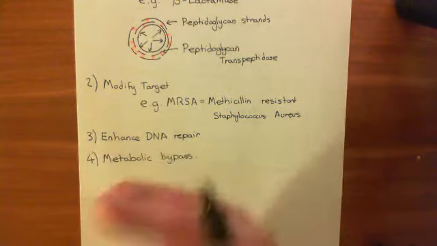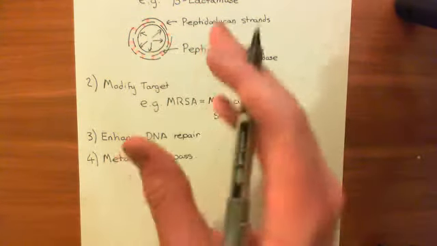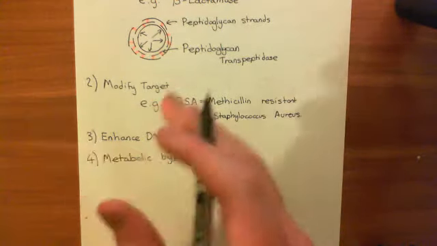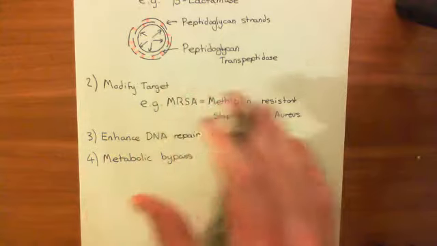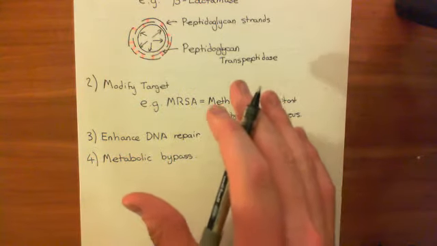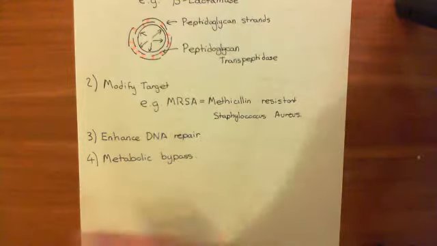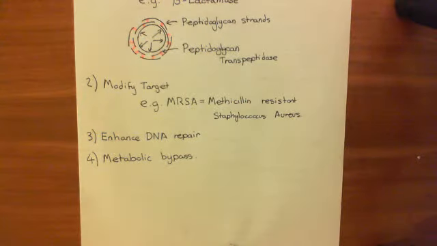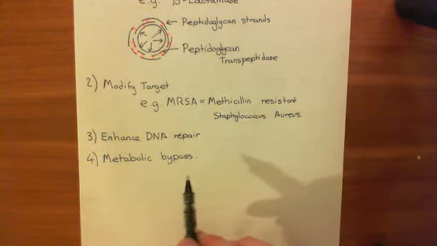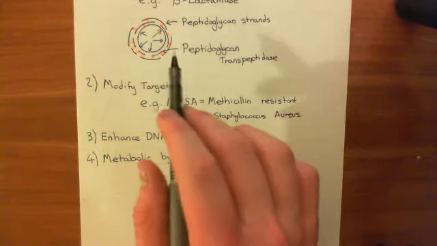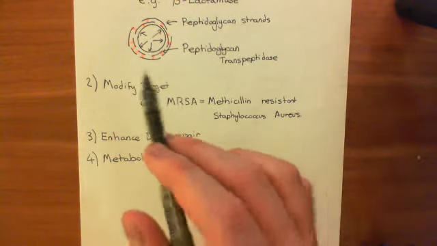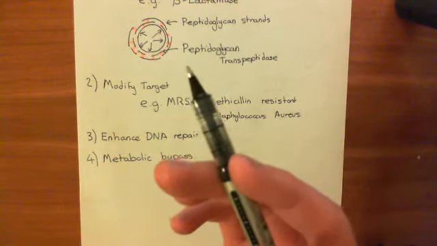Okay, if that did happen, if it could produce enough peptidoglycan transpeptidase that it could cope with the fact that the drug was inhibiting its peptidoglycan transpeptidase, i.e. the rate at which the drug was taking out peptidoglycan transpeptidases was the same rate at which the bacterium was making new peptidoglycan transpeptidase, that would be an example of metabolic bypass, where effectively the drug's working, but the bacterium is just producing so much more of the target that the fact that the drug is taking out some of the target just doesn't make any difference.